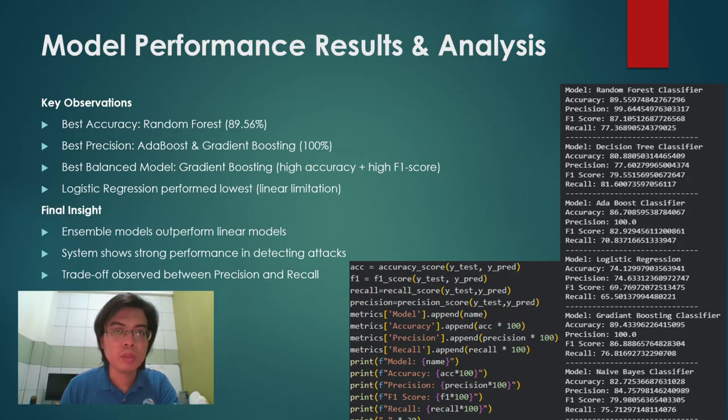There's also a trade-off between precision and recall, which is very important in cybersecurity. High precision means fewer false alarms, while high recall means better attack detection. So depending on the use case, we may prefer gradient boosting as the most balanced model.